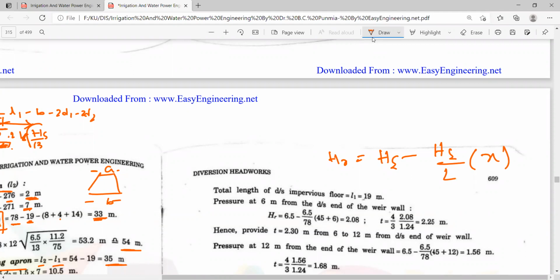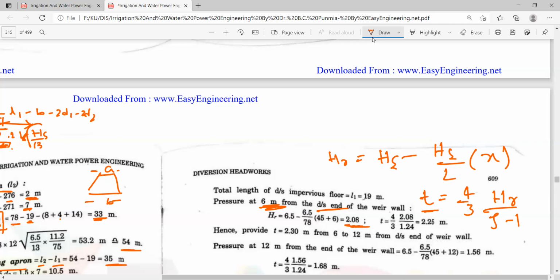From this formula, the residual head will be 2.08 meters at 6 meters from the downstream side. After calculation of the HR value, we again calculate thickness: 4/3 HR by rho minus 1.